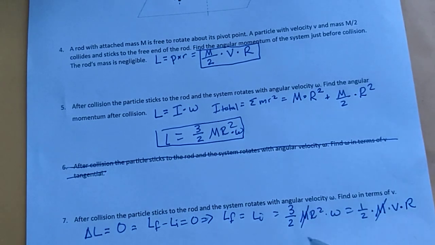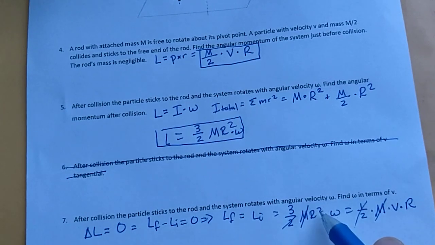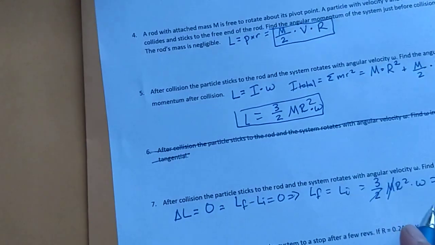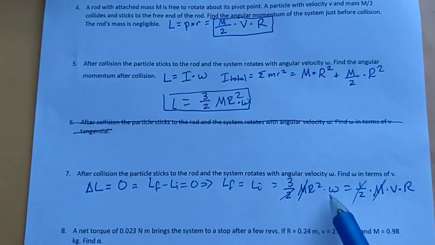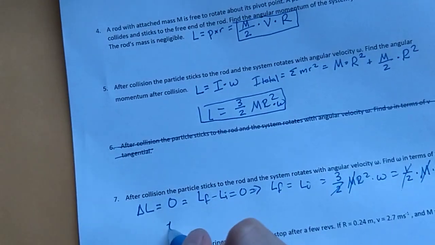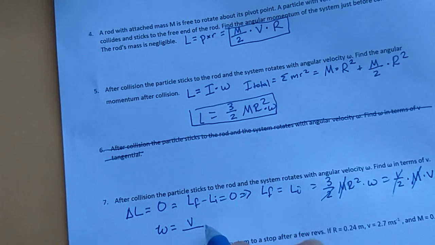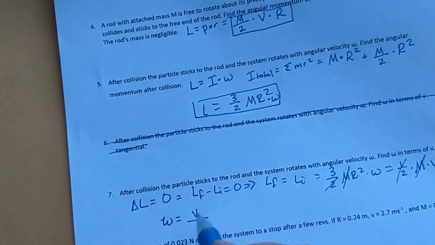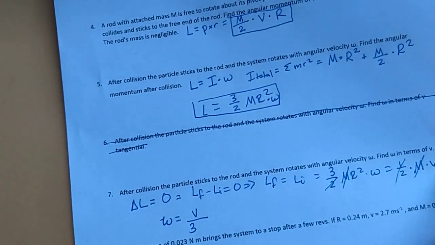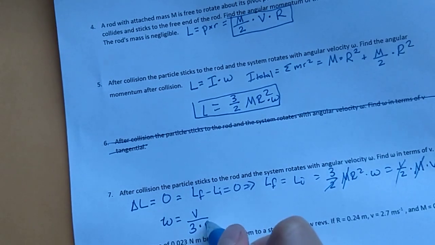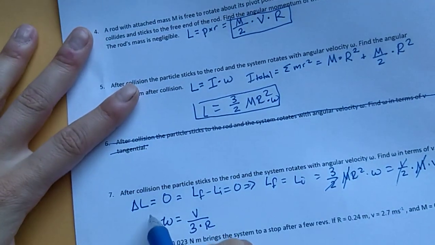My m's cancel, the halves cancel. I'm going to divide by 3. I will divide by r squared, so I'm solving for omega. So in this case, omega equals v over 3 times r.